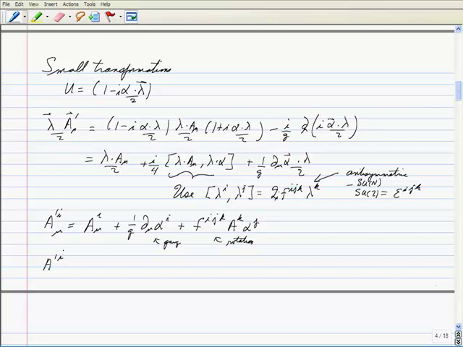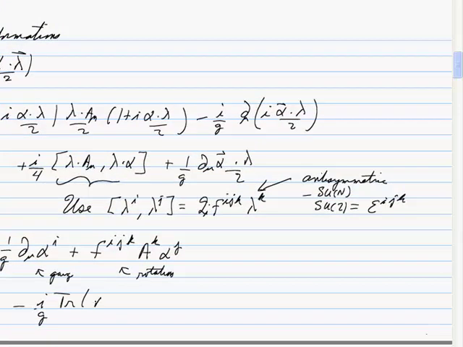And the full one, A prime i mu, is one of these R_ij's, A j mu, minus I over g, no, it's not 2, I over g trace lambda i U d mu U dagger.